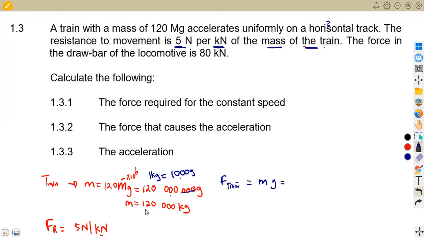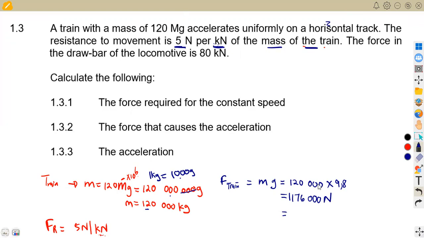So the mass of the train in this case is 120,000 kgs times 9.8, which is going to be 117,600 Newton. But we are given that it must be per kilonewton, so you have to convert this to kilonewton.